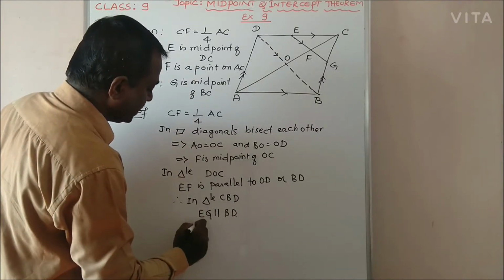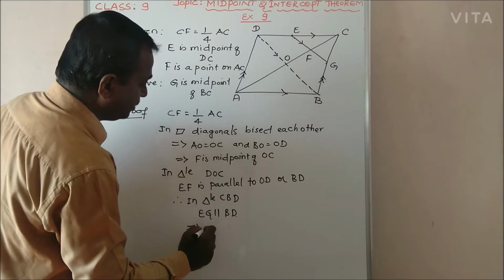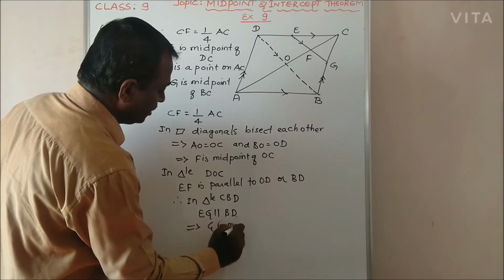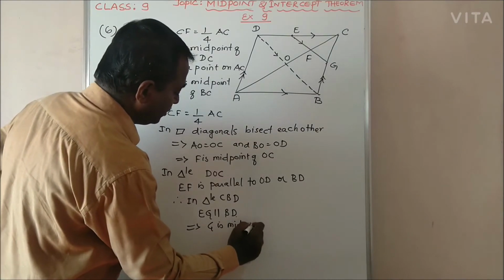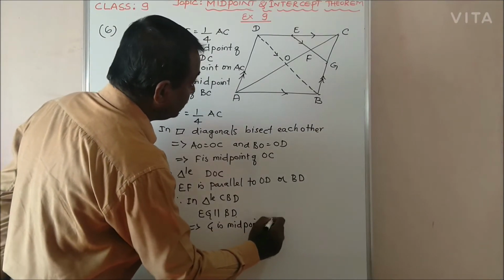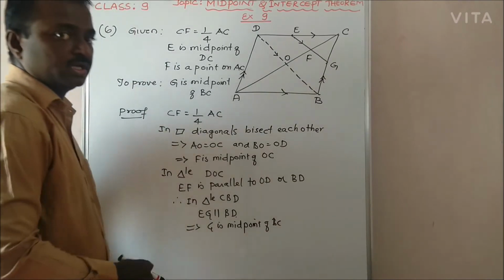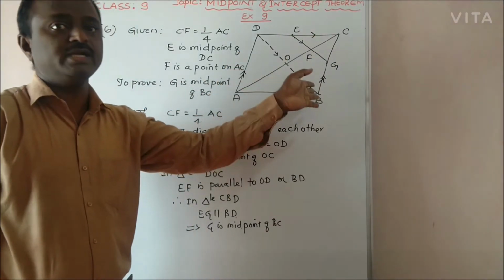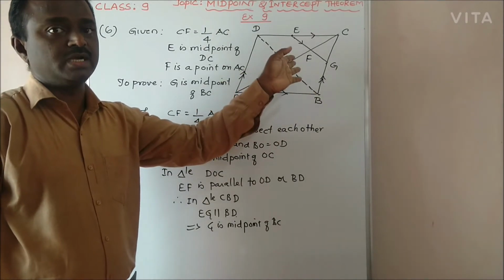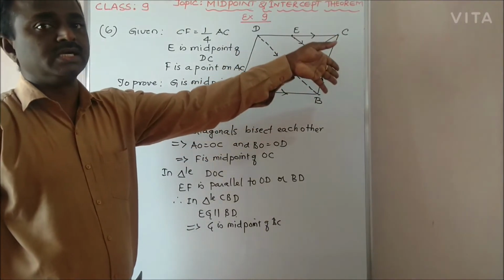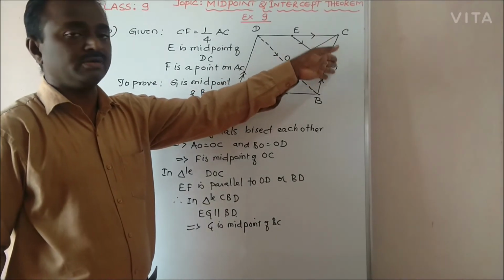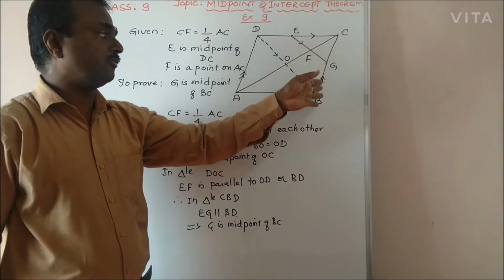This implies G is the midpoint of BC by using the converse, because a line drawn from the midpoint of one side of a triangle parallel to the other side also bisects the third side. Therefore, definitely G becomes the midpoint of BC.